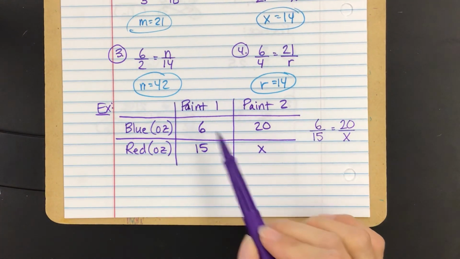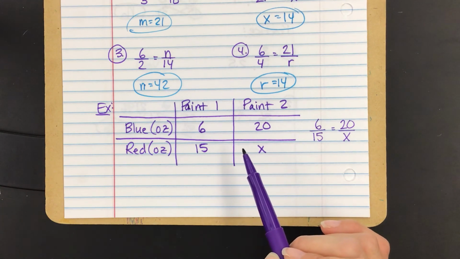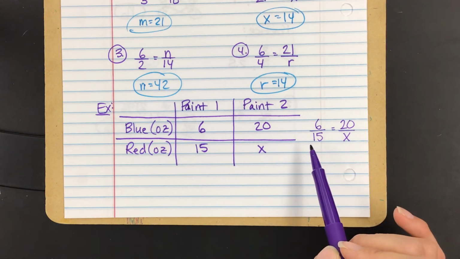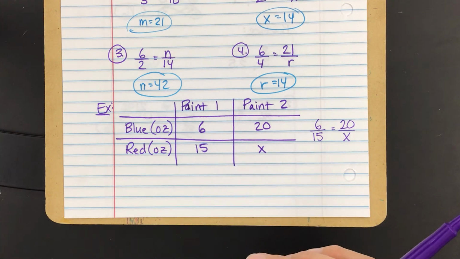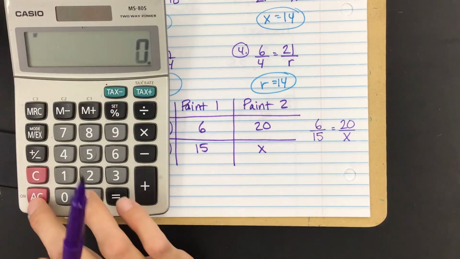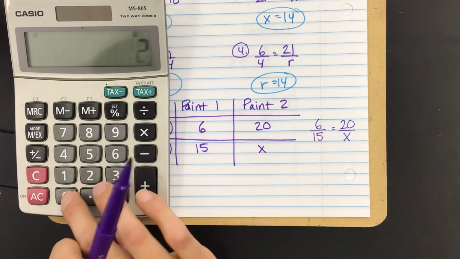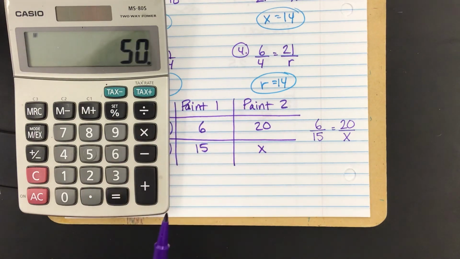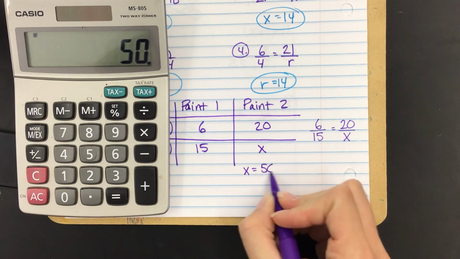So notice that I kept it all in the same order. It's just so much easier that way. But you don't even need to pull it out of the table if you don't want to. You can just cross multiply and divide. Okay? So when I do that, 15 times 20 divided by 6, I get that X is equal to 50.